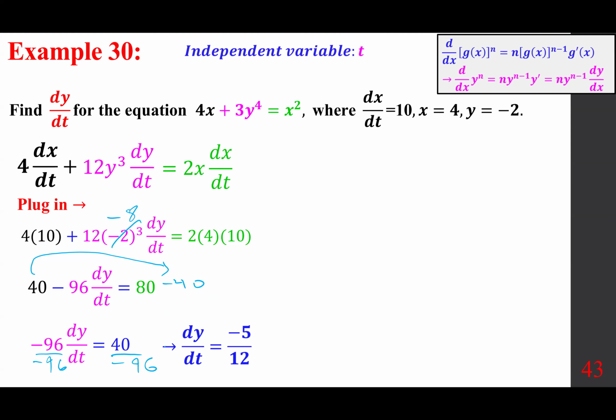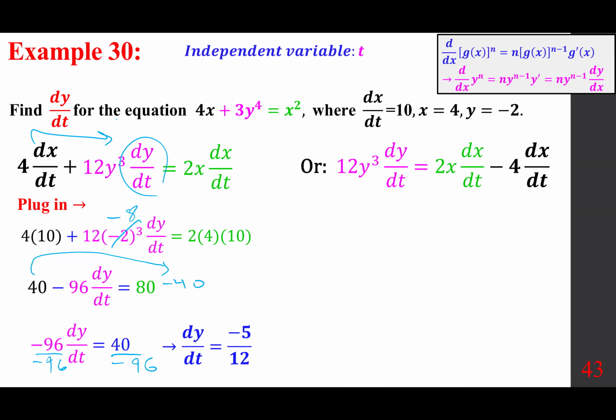However, just to remind you how you could solve for dy/dt and then plug in, because they may ask you to solve for dy/dt, I want to go over the algebra behind that. Since I want to solve for dy/dt, I'm going to move this guy. Here's the second method, everybody. And I'm going to divide both sides by 12y cubed.